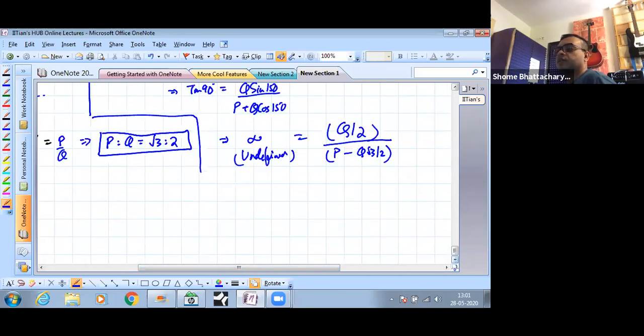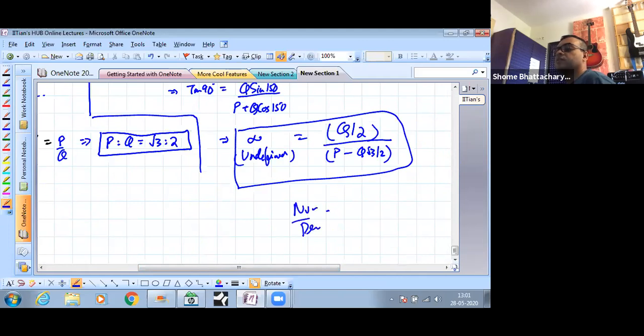Now see what is happening, this left hand side is undefined. I mean this right hand side is undefined. So that means if some numerator divided by some denominator is undefined, it means that the denominator must be 0. Okay, this is the thing I have to understand.